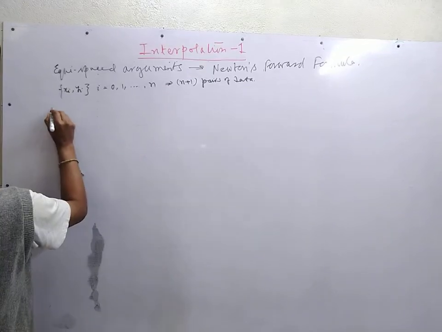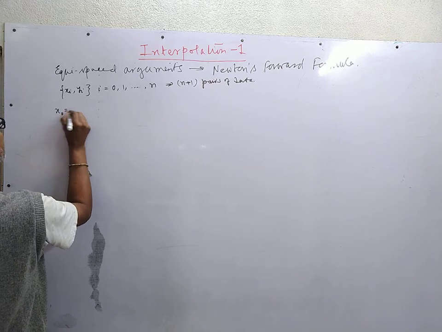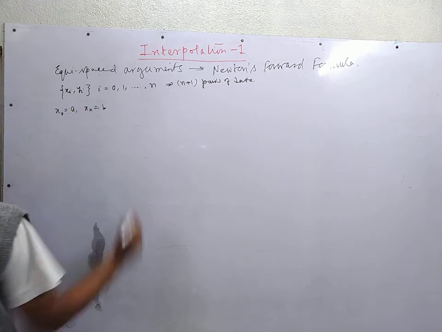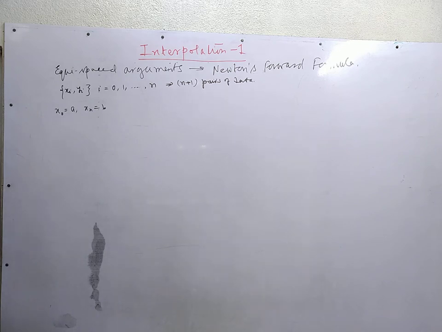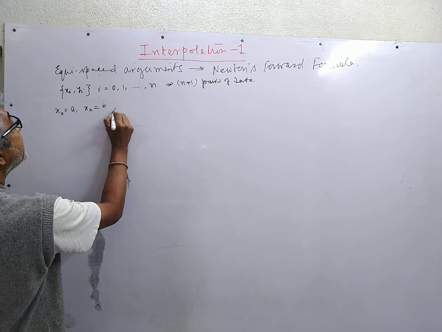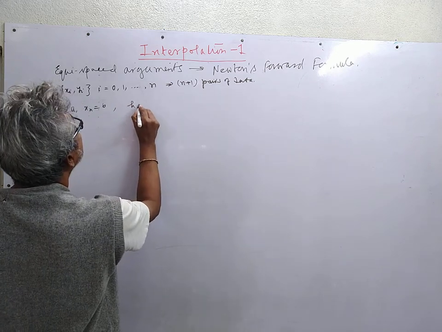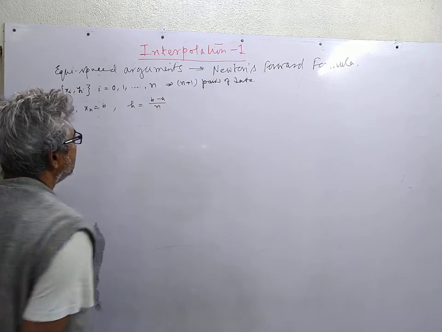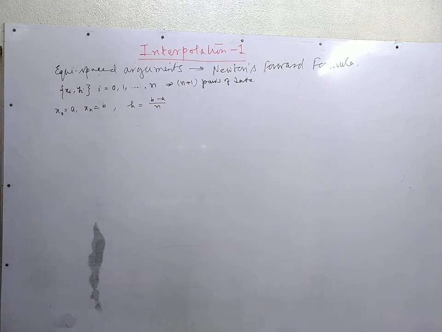We call x0 equal to a and xn equal to b, so the data are supplied between a and b. We define h to be (b minus a) by n. This is the width.